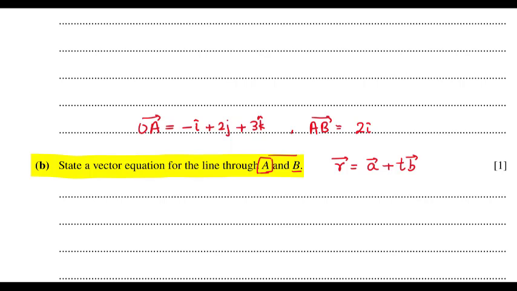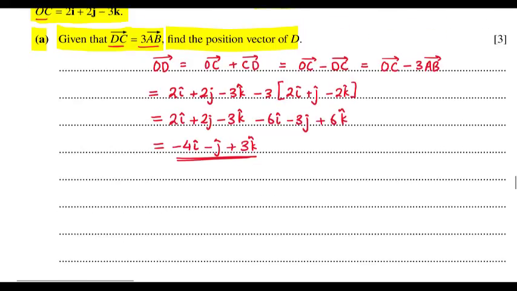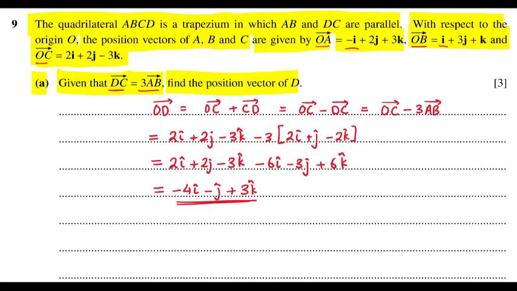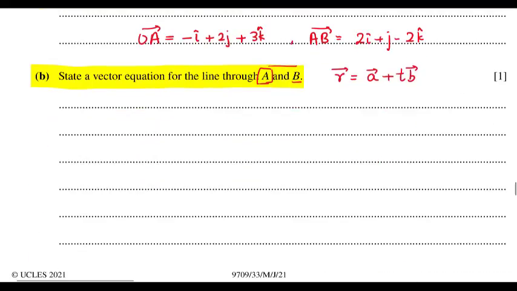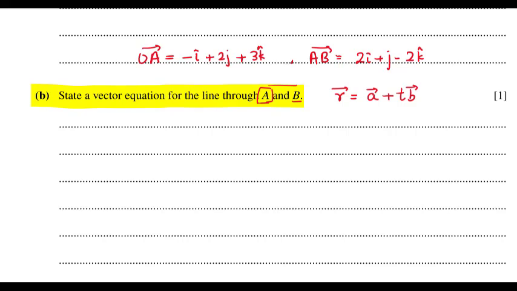Let's check again. Yes, 2i cap plus j cap minus 2k cap.